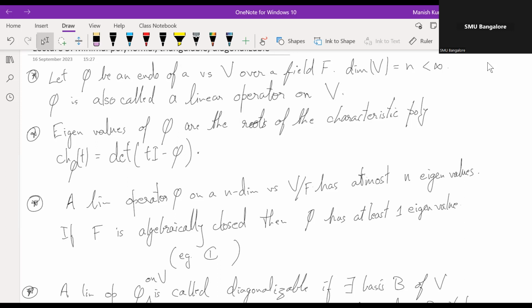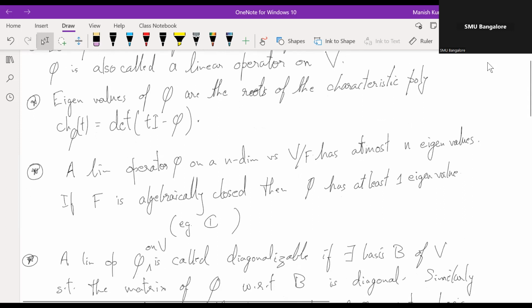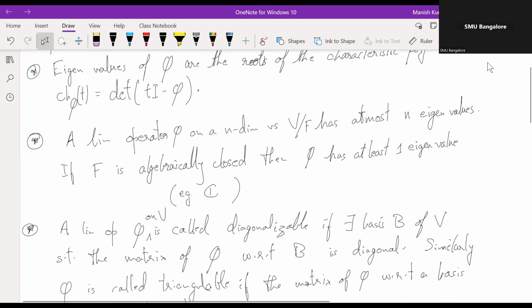So you can factor out that root, and what remains is another polynomial of degree one less, which will also have a root, and so on. But it may happen that all the roots are the same, so you can't say it has more than one eigenvalue. You can only say it has at least one eigenvalue. But it's always a product of linear factors.